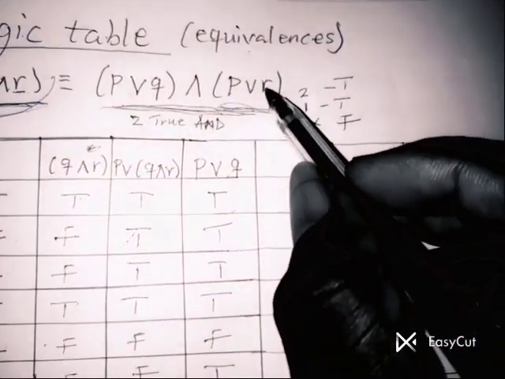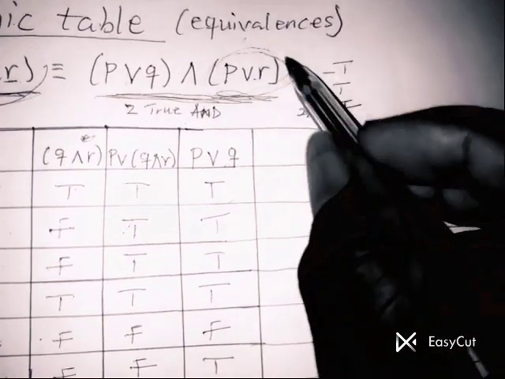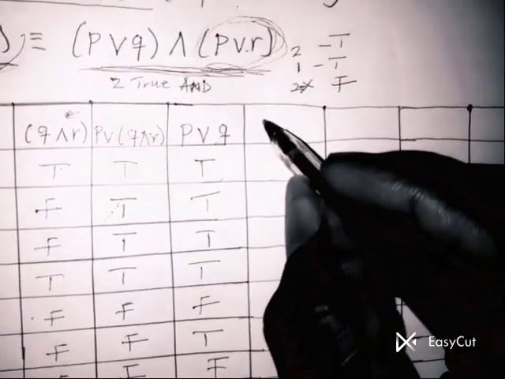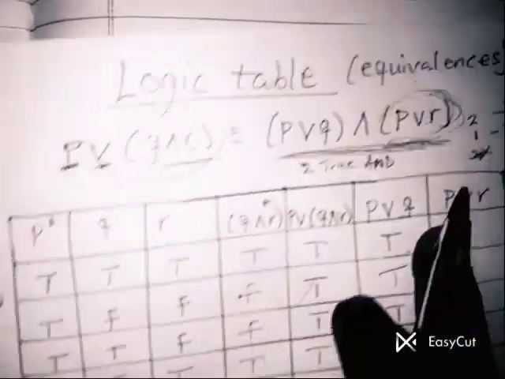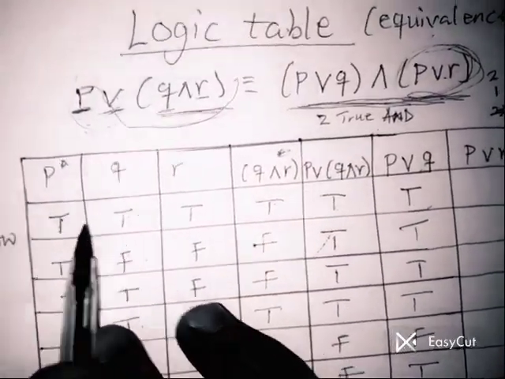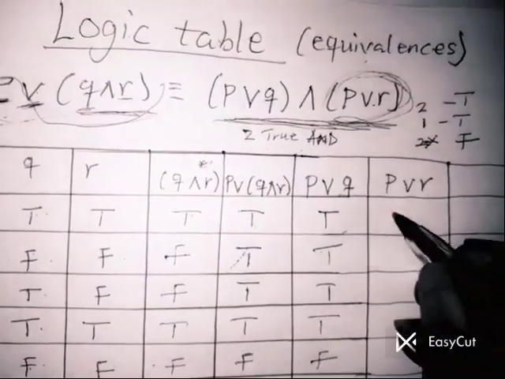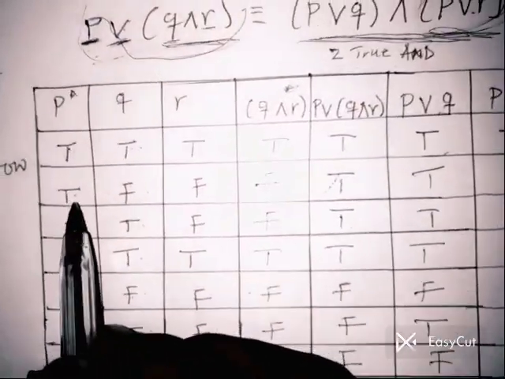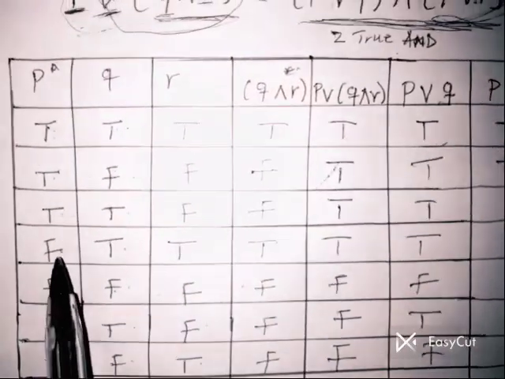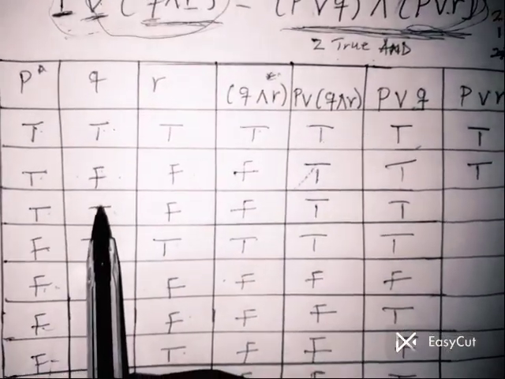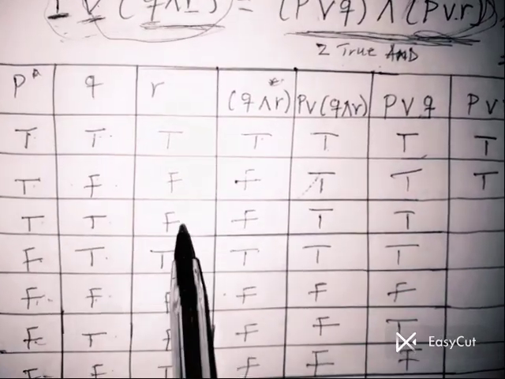Then we come to the next one, because we need to deal with the one in the bracket. So here is P or R. So we compare P and R. So P, true, true, true. True, false, true. Next one, true, true, false.